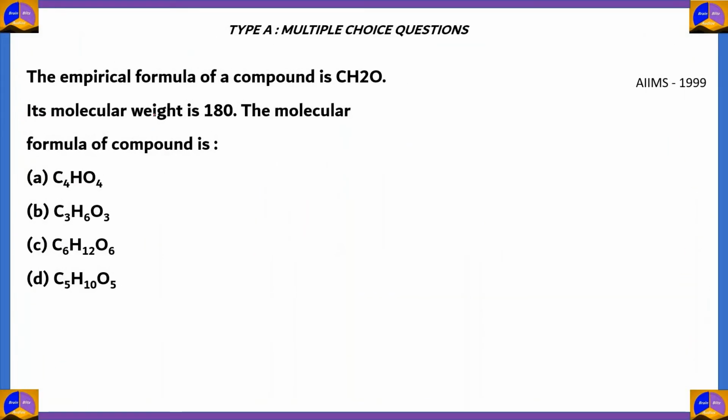Next question. The empirical formula of a compound is CH2O. The molecular weight of this compound is 180. The molecular formula of the compound is? To get the molecular formula, we need to find the empirical formula mass.